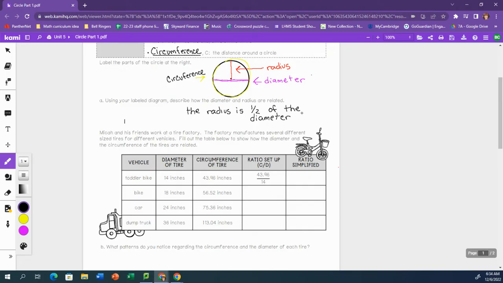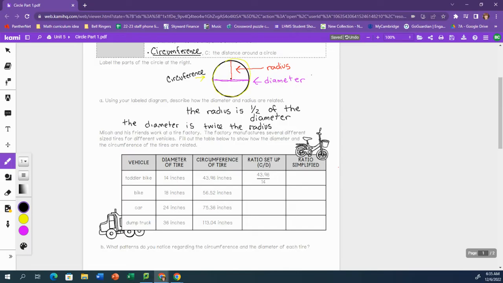Or you could say the diameter is twice the radius. That's going to be important in just a minute, and you'll see why.